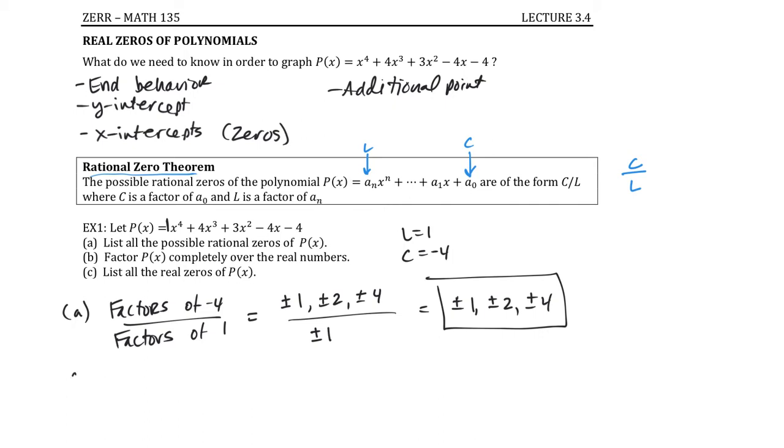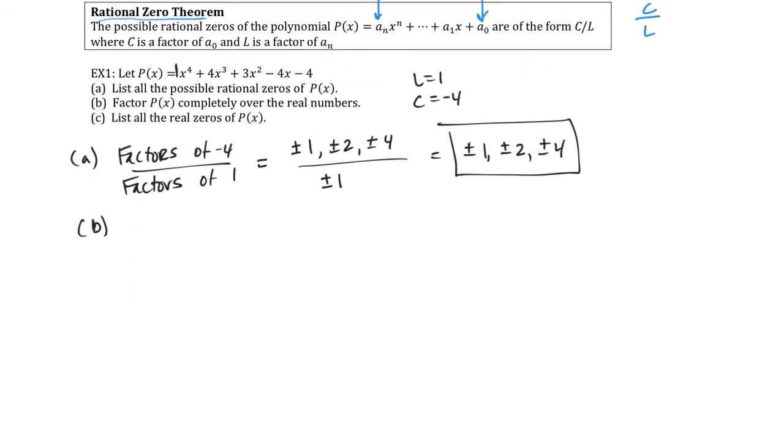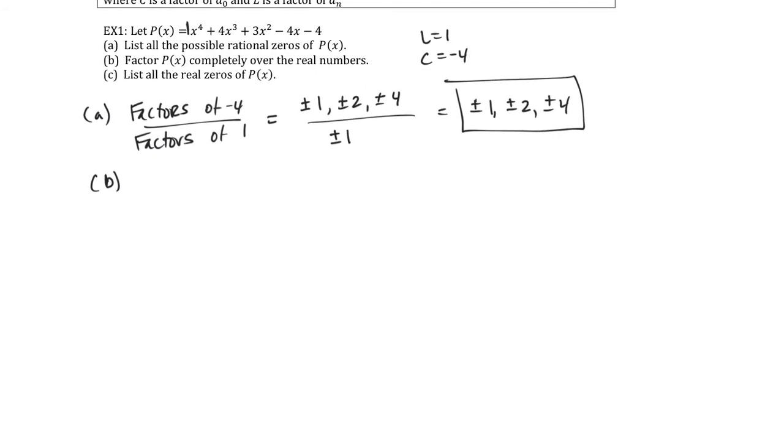Now we're going to use that information to try and factor. So what we're going to do is divide our polynomial. We're going to use synthetic division to divide by one of those factors. I'm going to give myself a little bit more room. Okay, so here's my polynomial, leading coefficient of 1, 4, 3, -4, and -4, and I'm just going to start with the easiest one.